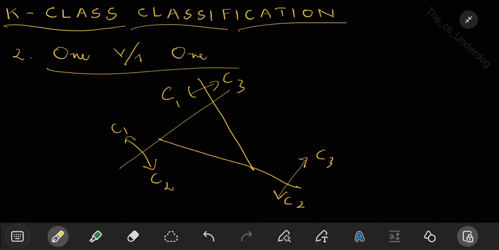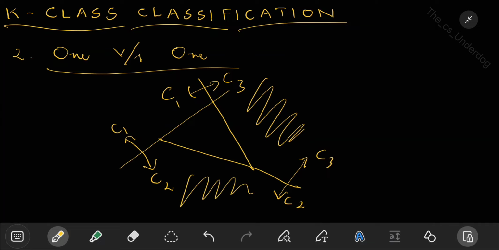So here if you see this area, this seems to be in class C3. This may be class C2. This may be in class C1. But what about this area? This area belongs to C1, C2, C3. Which one? So this is an ambiguous area. In this area, you are not sure what to say. Which class should you provide? So this sort of ambiguous area occurs in the 1 versus 1 classifier as well.